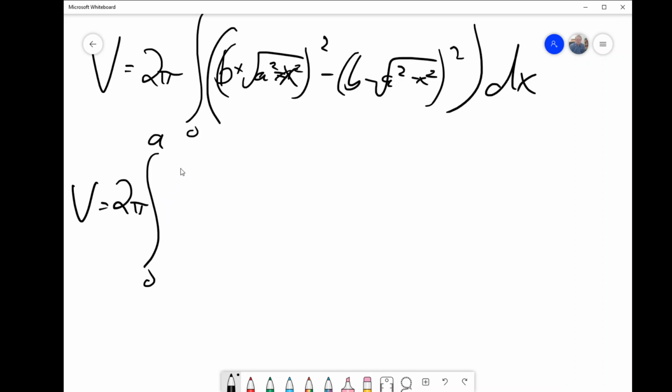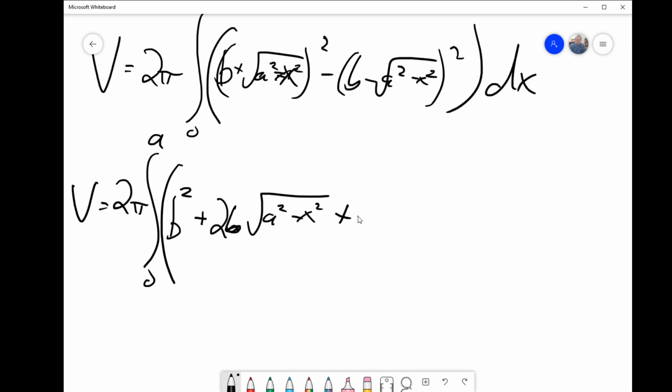So we're going to start off with a b squared. Then we're going to have plus 2b times the square root of a squared minus x squared plus the square root of a squared minus x squared, squared, which is just a squared minus x squared.